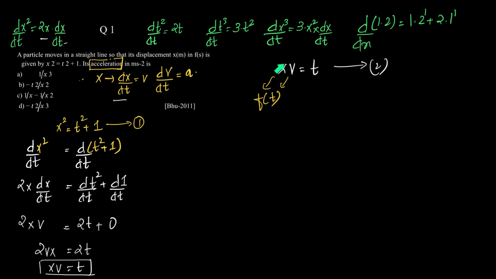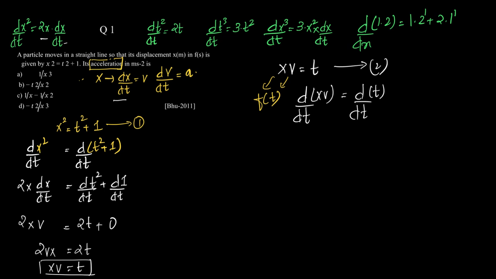What is the first function here? x. What is the second function here? v. So if we differentiate this equation, we get d by dt of x into v is equal to d by dt of t. Now you might be thinking, won't there be a shortcut method to solve this question? We'll discuss that too.